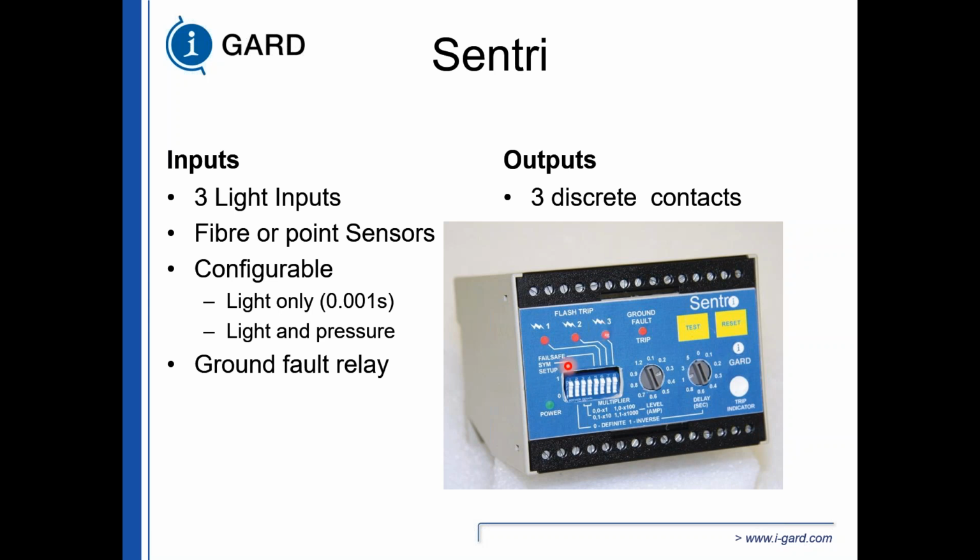This cannot be interlocked with current. However, we can interlock it with pressure. And this particular relay is also a ground fault protection relay and replaces our MGFR line of relays with the dip switches here.